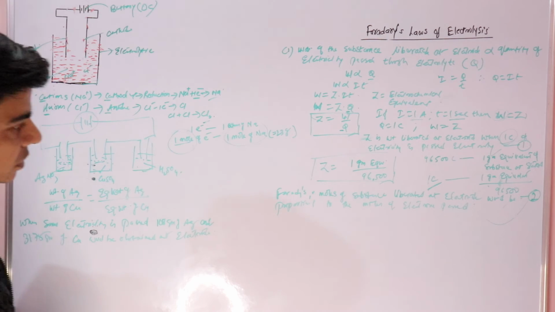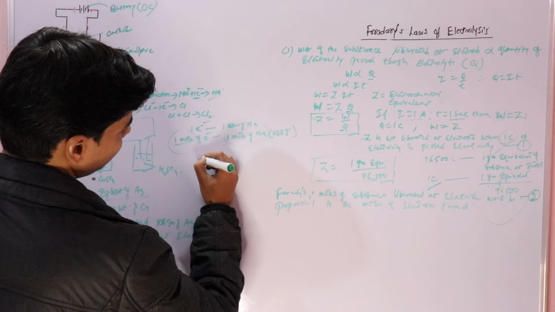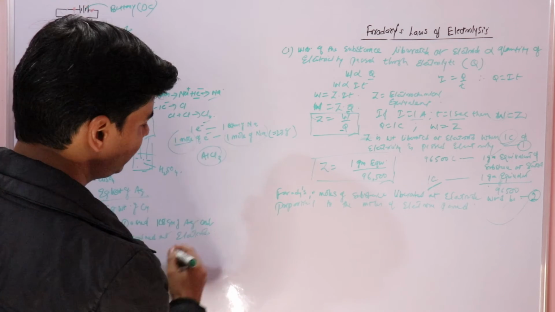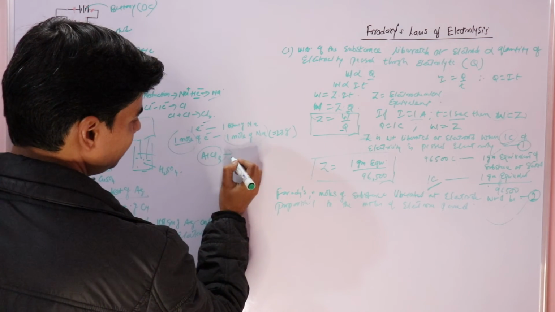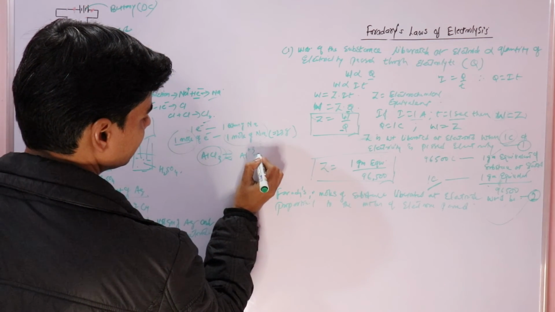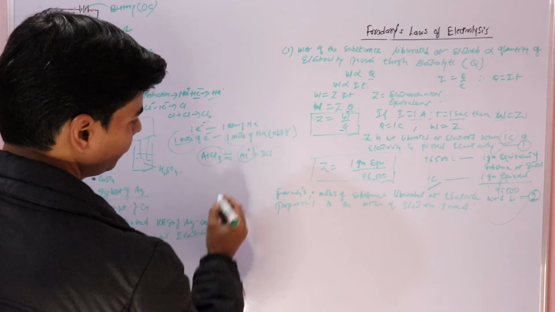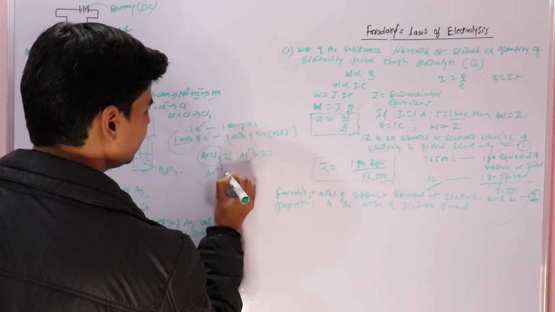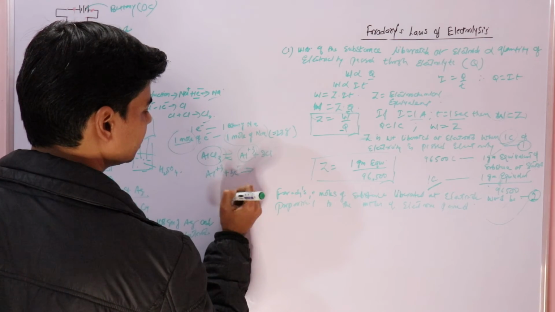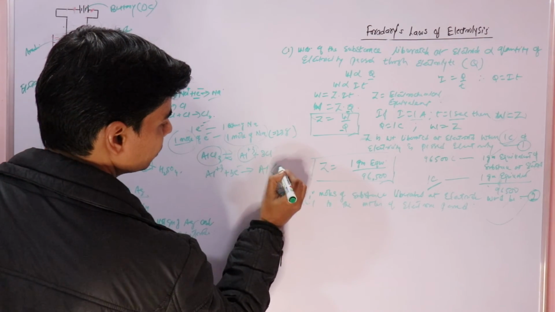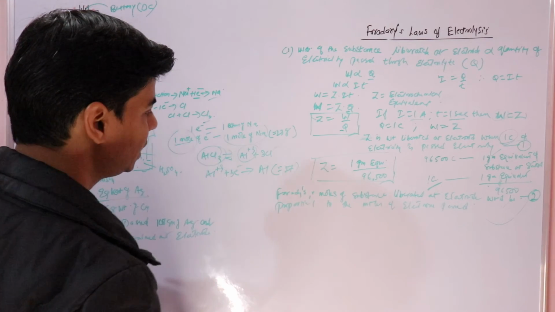Similarly, if we have aluminium chloride and I pass electricity through it, the aluminium will move to the cathode, and at the cathode it will gain 3 electrons and form aluminium. We know that its gram atomic weight is 27.